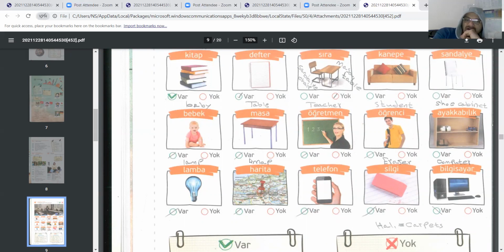Here table, masa var. Öğretmen, teacher var. Student var. Ayakkabılık, shoe cabinet var. Lamba, lamp or bulb var. Harita, map var. Telefon var. Silgi, eraser var. Bilgisayar, computer var.